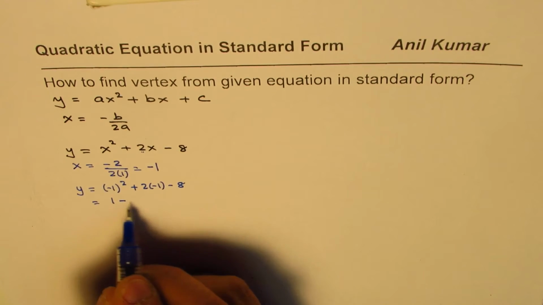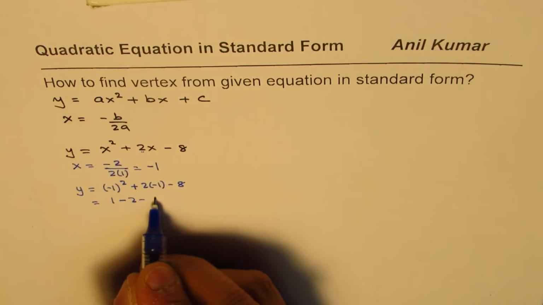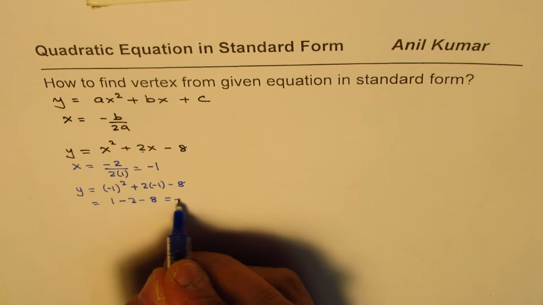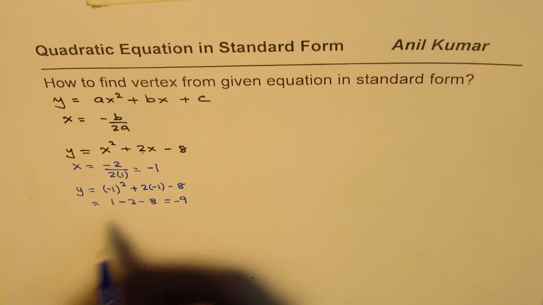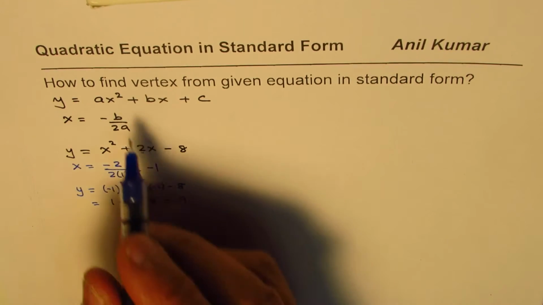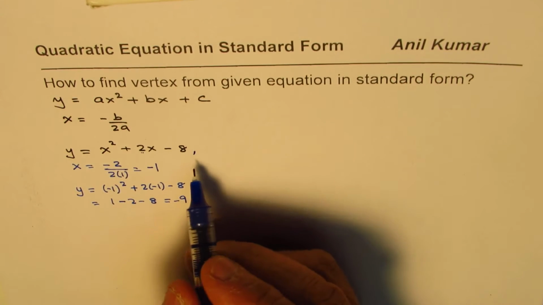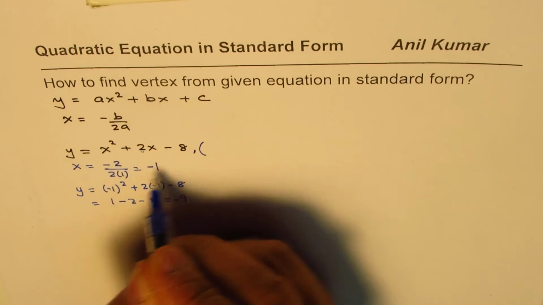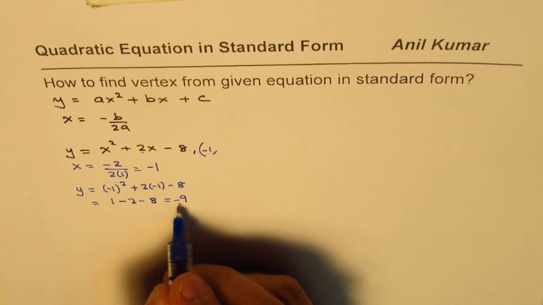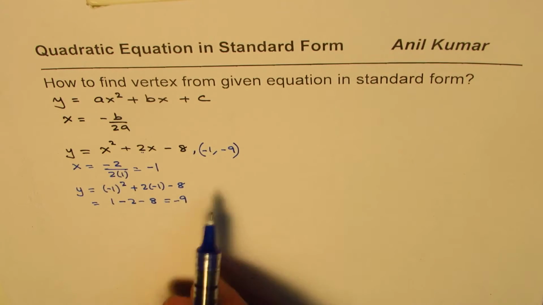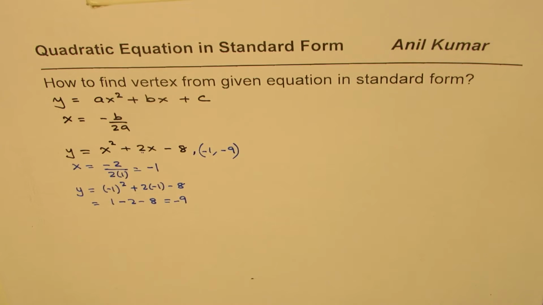So we get 1 minus 2 minus 8, and that equals minus 9, right? And therefore, we find that for this particular equation, the vertex is at x value minus 1 and y value minus 9. Is that okay? So that is how we found the vertex for this equation.